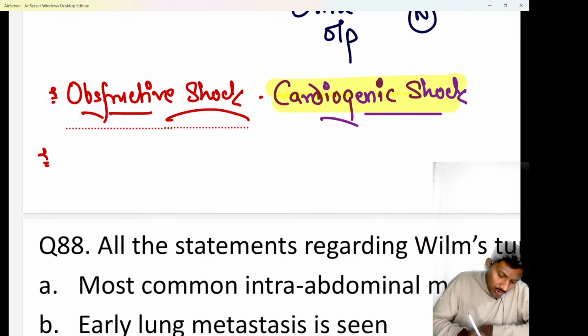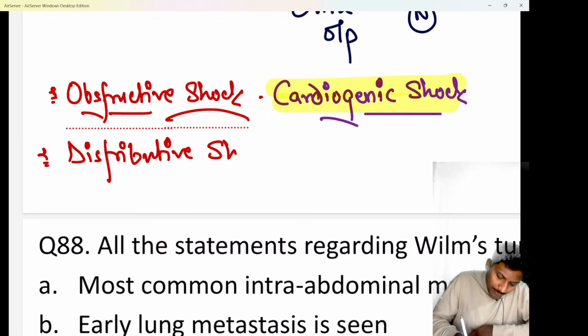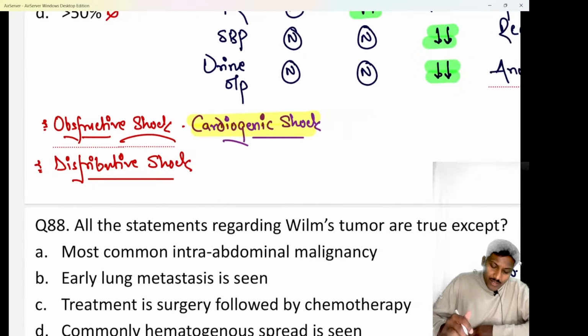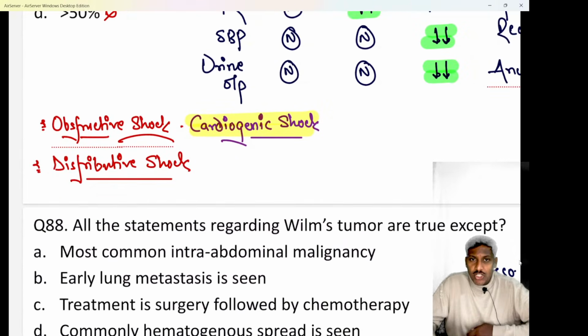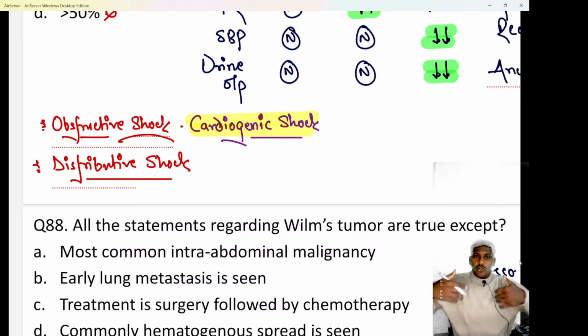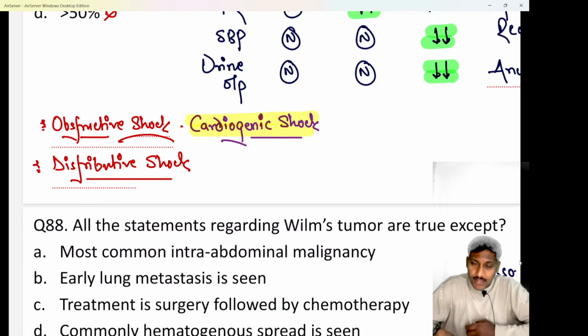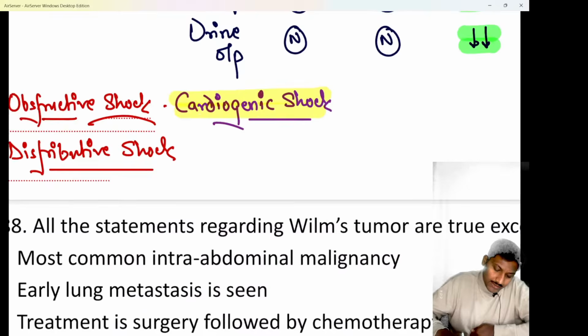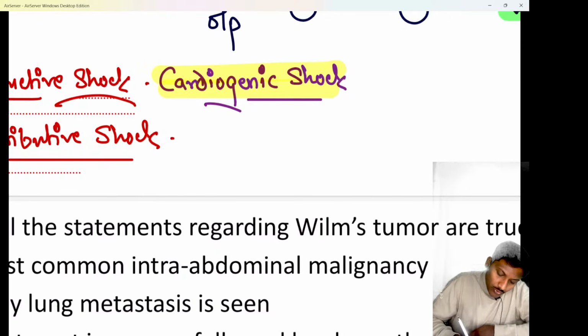Whereas if they talk about distributive shock, distributive shock means those shocks where the blood gets distributed in the periphery. Why? There is a peripheral vasodilation, and due to that peripheral vasodilation, all blood gets distributed in the periphery. So venous return decreases, thereby cardiac output and blood pressure also decrease. Examples of distributive shock: one is anaphylactic shock.